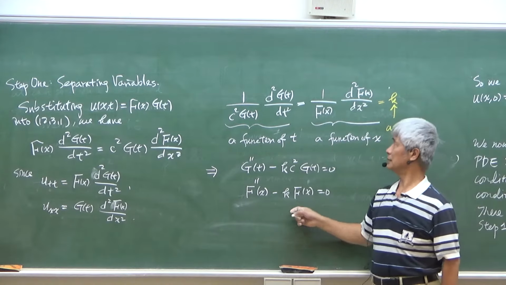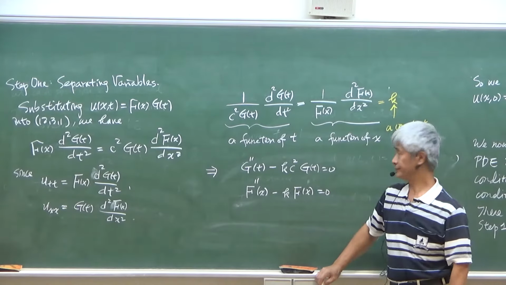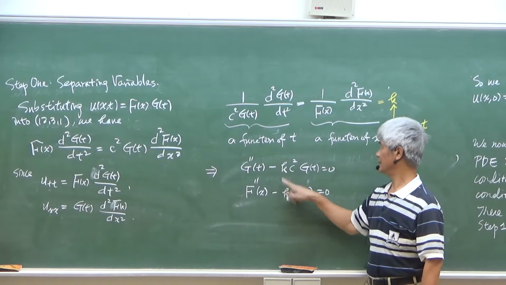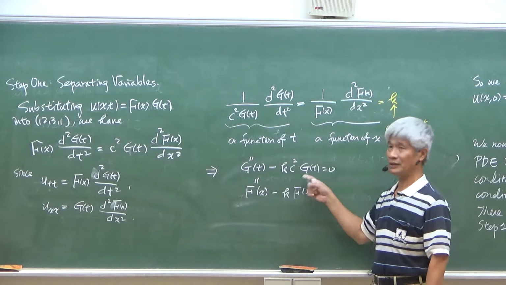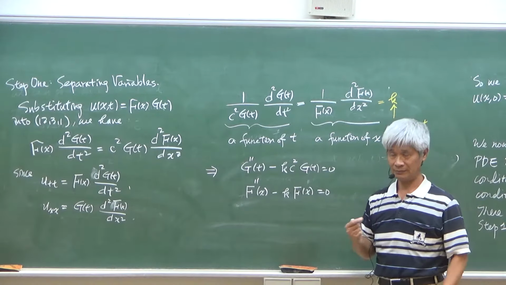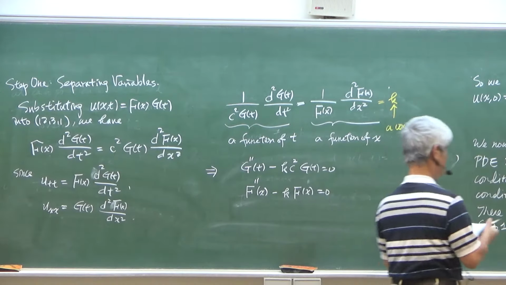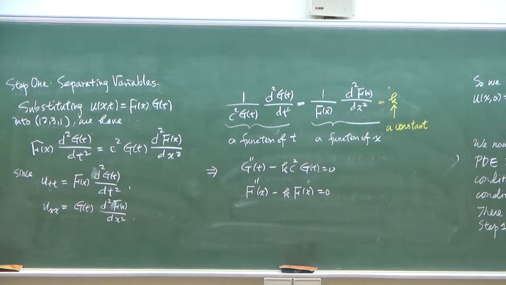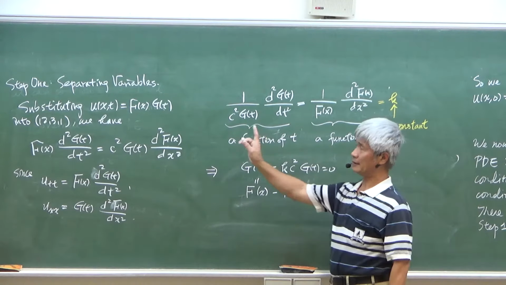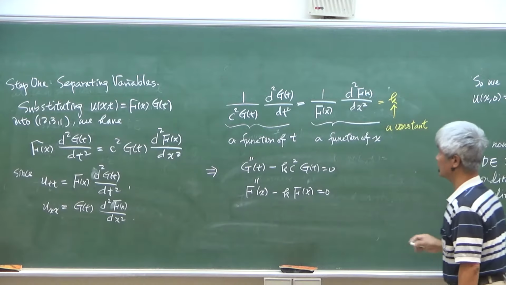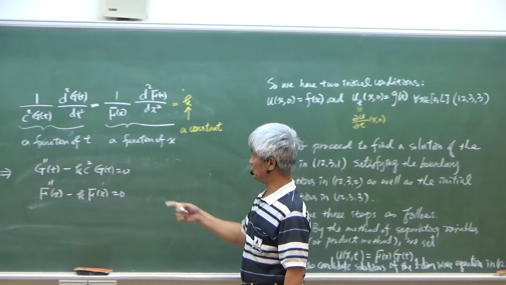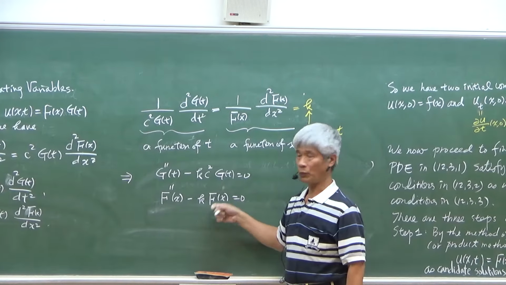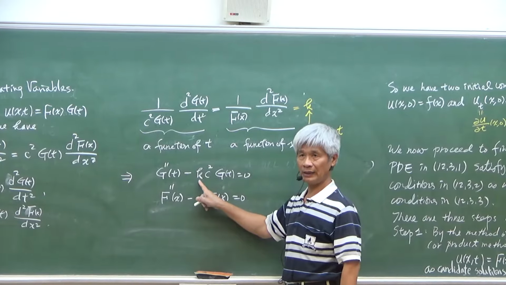And both ODEs are second order. And you can see that actually you have constant coefficient, homogeneous linear second order ODEs. Okay? So we have a lot of experience to solve them. Any questions? Right? So by the method of separating variables, now we transform the PDE into two ODEs with a parameter k. Okay, k is a parameter.